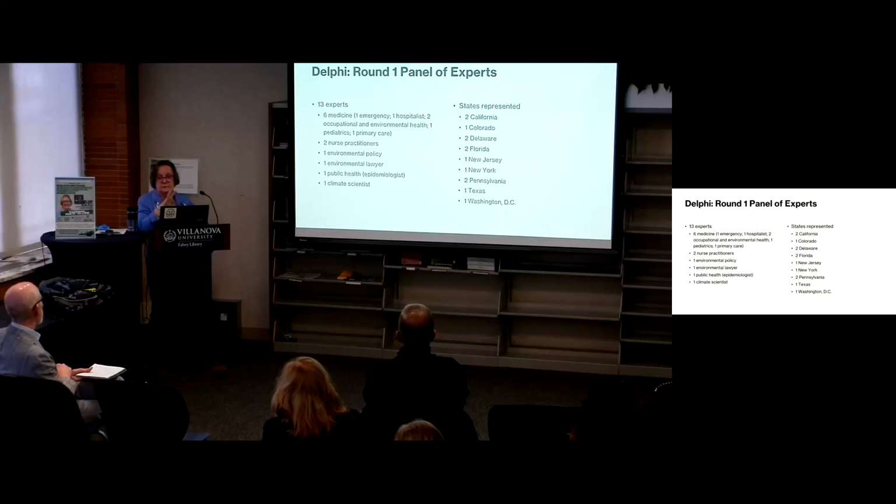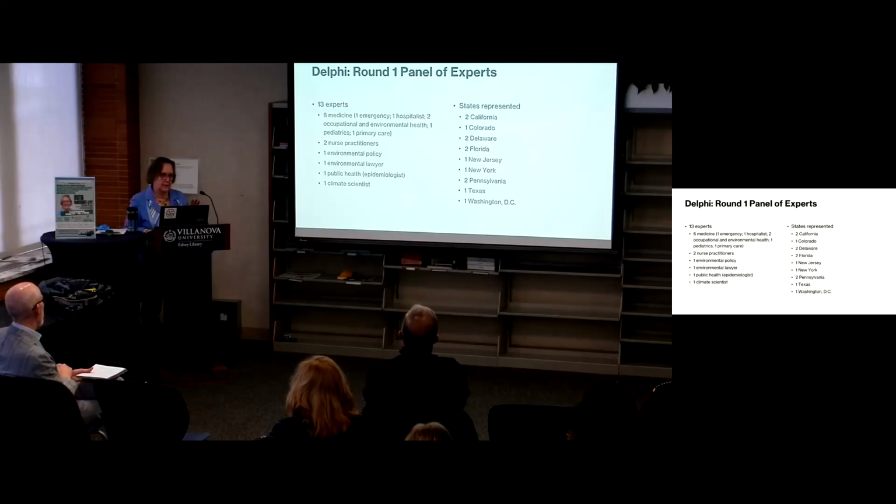This is kind of more of a typical sample. But I'll show you what we did to try to get it more broad. So that was the first round. And what we did is we had a focus group with 7 of those experts, and had a series of questions about, what do you see as the important features of a case definition?